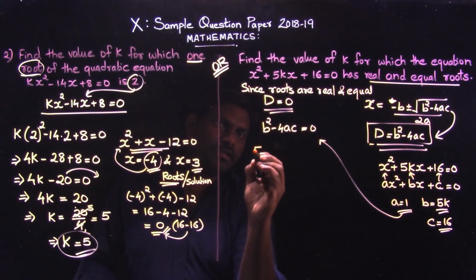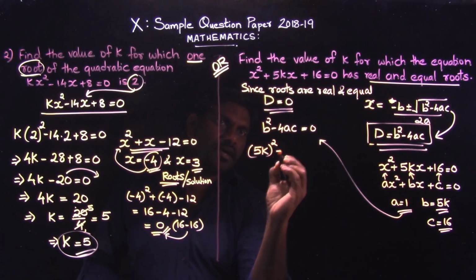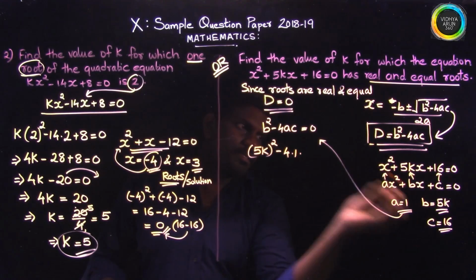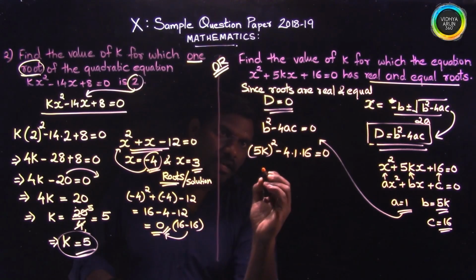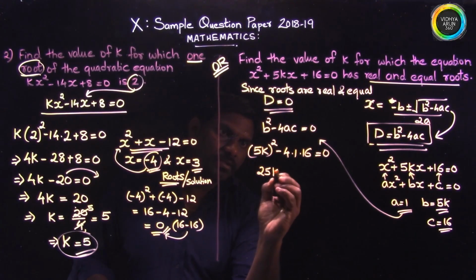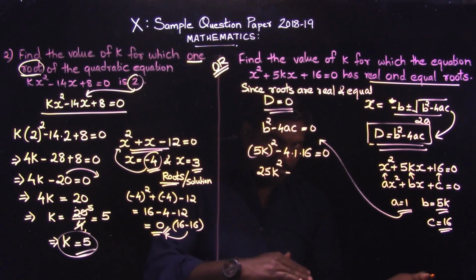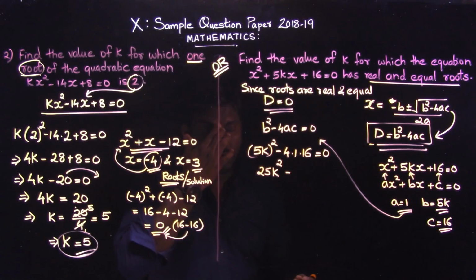b square is what? 5k the whole square minus 4 into a, which is 1, c is going to be 16, is equal to 0. Now 25k square minus, when you multiply, just multiply, and don't be overconfident about your multiplication.